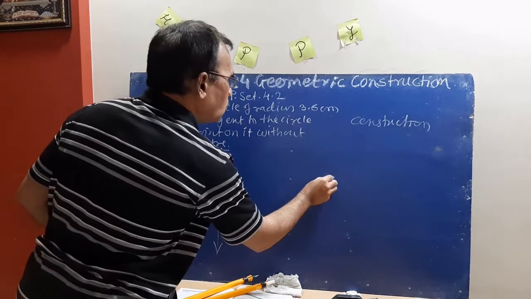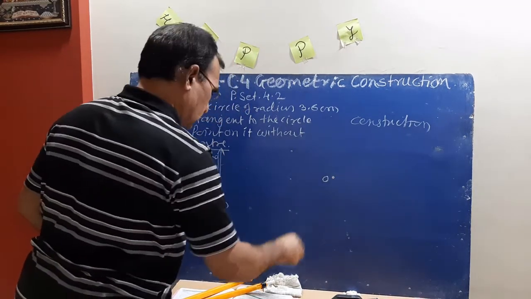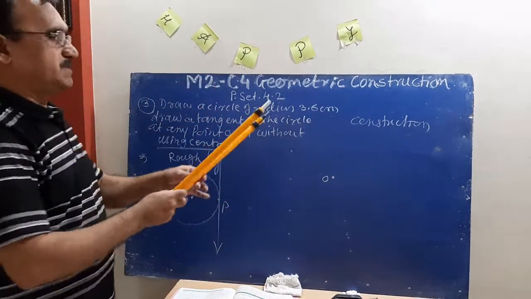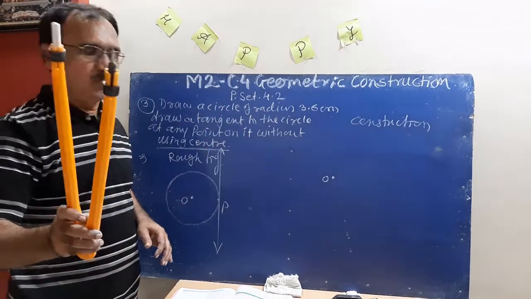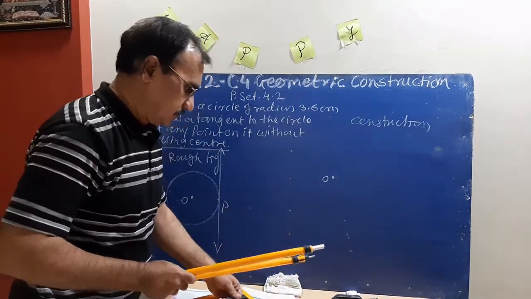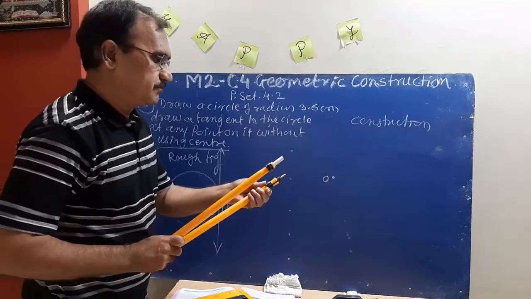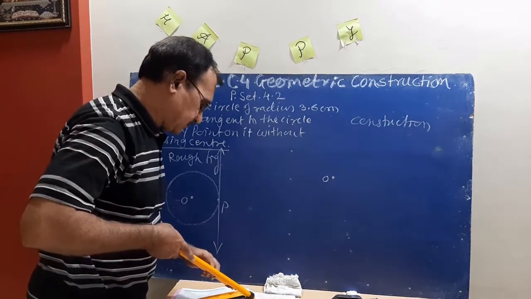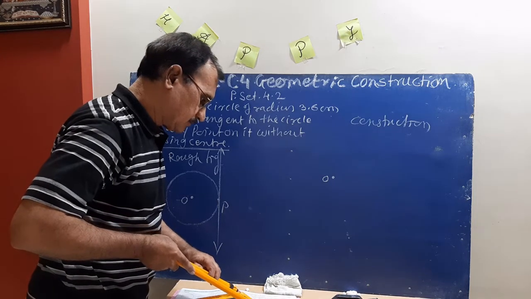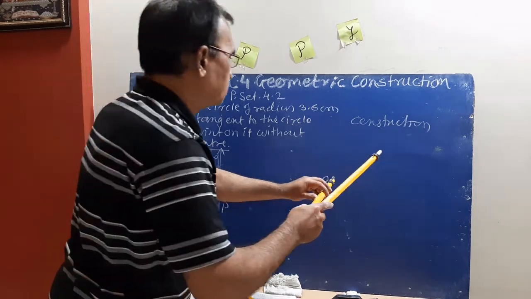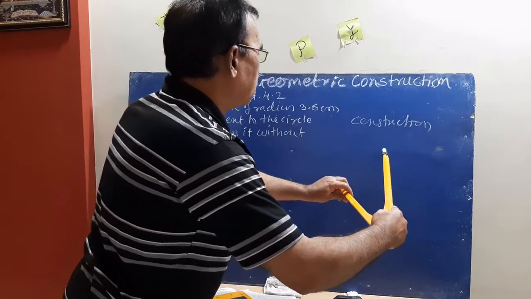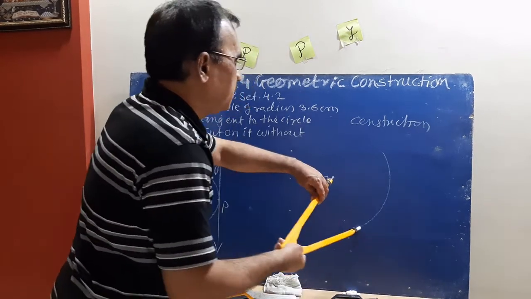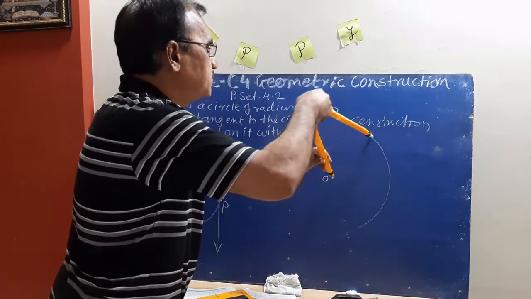Take center O, and now take radius 3.6, perfect, accurate with the help of a scale. Accuracy is more important. Radius is 3.6.